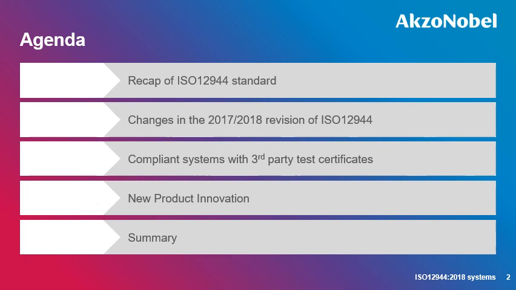The agenda for today's webinar is as follows. We start with a quick introduction of the ISO 12944 standard, its objectives, and applications of the standard. We then move on to the salient differences in this, the third edition of the standard, compared to the previous edition published in 2007.